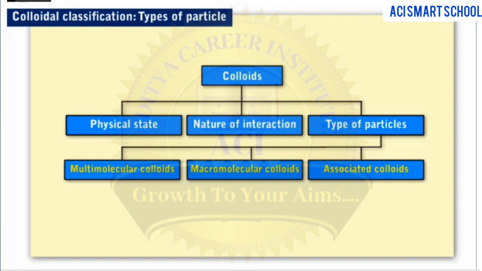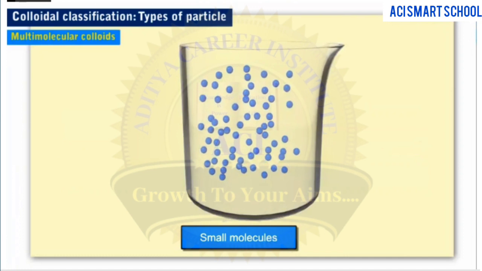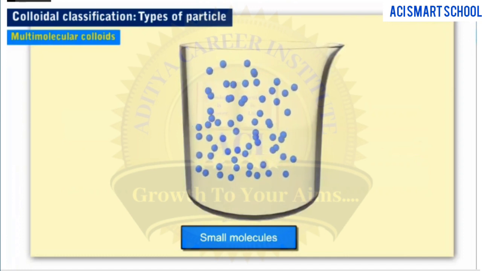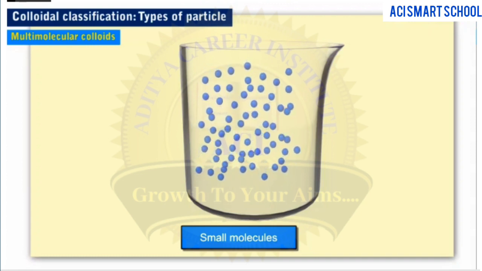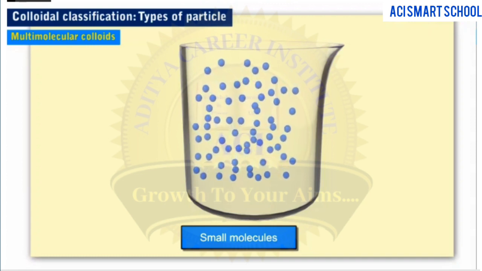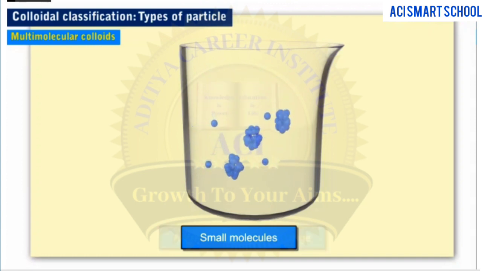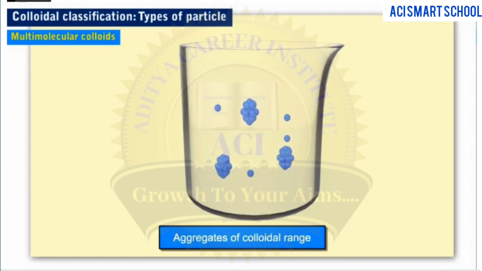Let us first study multimolecular colloids. As the name suggests, multimolecular colloids are formed when a large number of atoms or smaller molecules of the dispersed substance aggregate together to form a species whose size lies in the colloidal range.